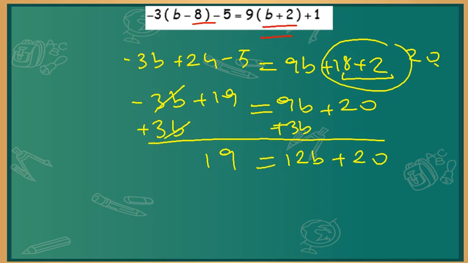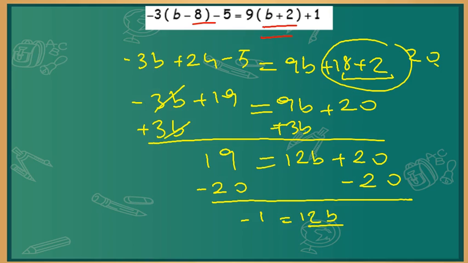Then I have to get rid of this 20 by subtracting. As you see, we always apply the inverse operation. So when you subtract 20 from 19, we get negative 1 on this side is equal to 12b, and divide each side by 12, and now we get b is equal to negative 1 over 2.